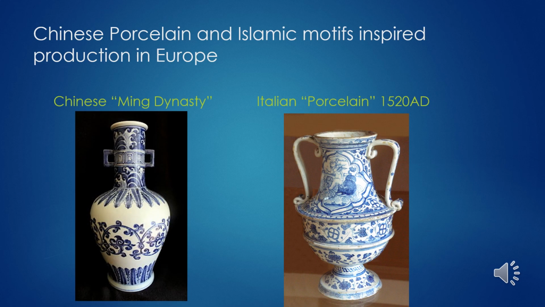So again, you see a Ming era vase on the left, inspiring the Italian Basilica blue and white vase on the right. The Chinese blue and white porcelain, again, once fired, could be decorated with refined cobalt, again called Islamic blue, applied with water and a brush, and then coated with the clear glaze and fired at a high temperature.